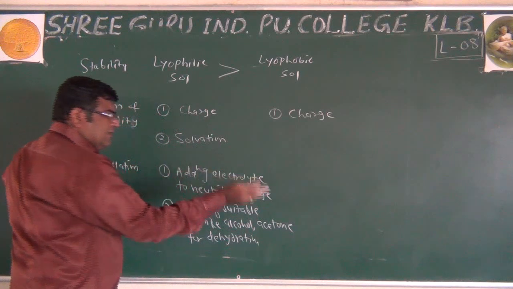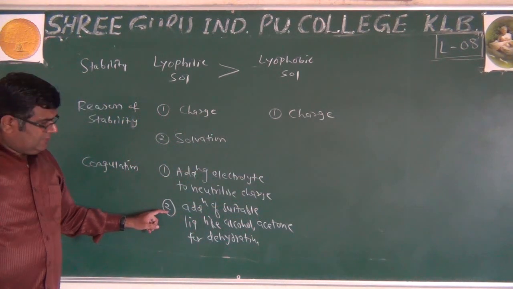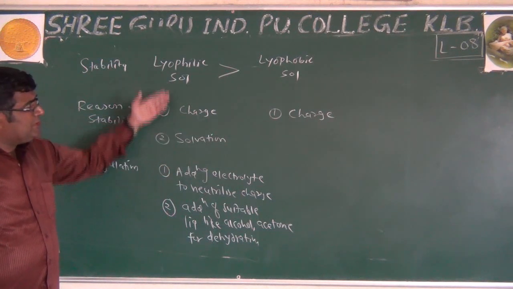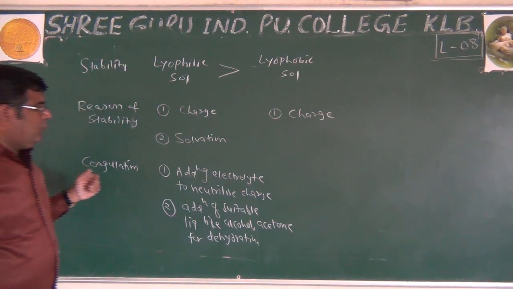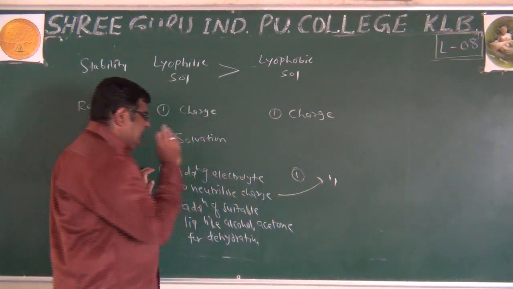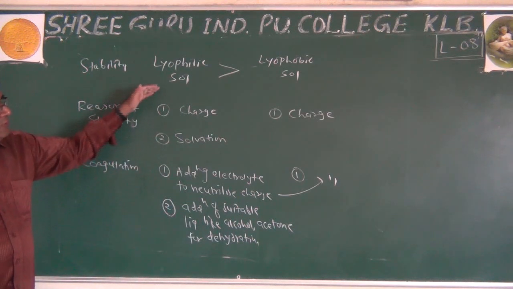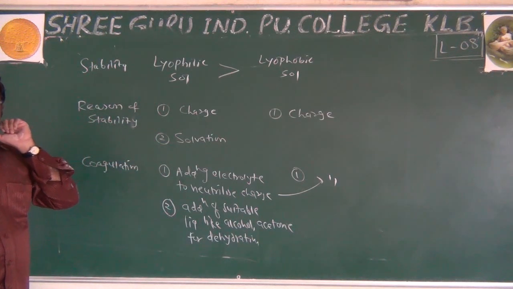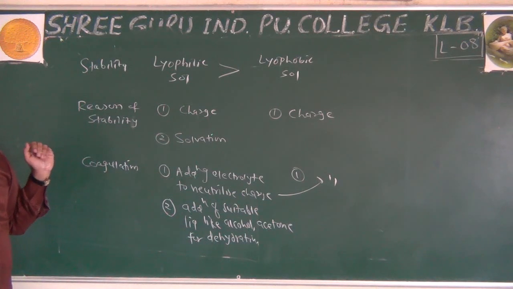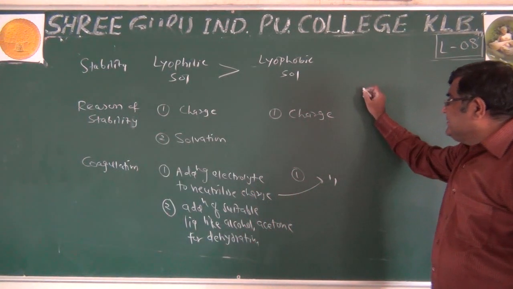Dehydration means water is removed. So one more way is required to destabilize the lyophilics. For lyophobic, just addition of electrolyte to neutralize charge is enough. So consider these 3 points. Now why are we learning this? Because I would write a very important sentence here.